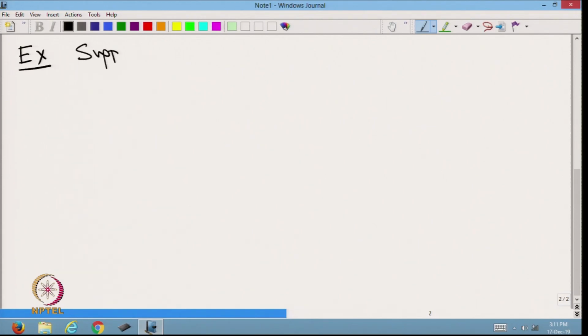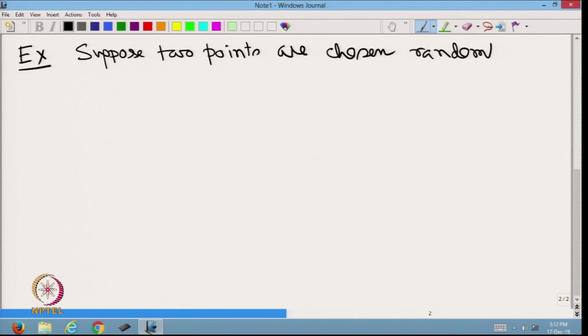Suppose 2 points are chosen randomly from the unit line (0 to 1).